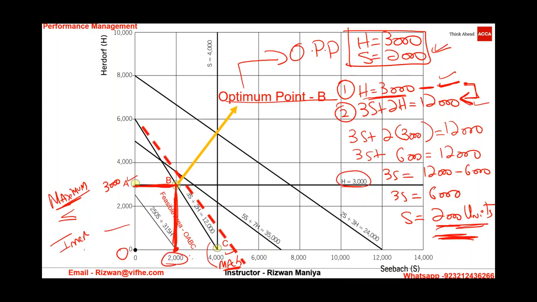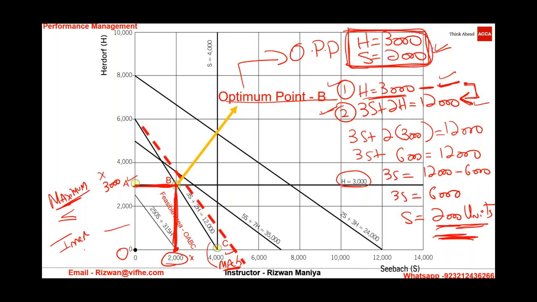But if this was not given, for example, in the paper, so what you could have done, you could have found out the equations that are intersecting here, which is H and machine R's equation, and you could have solved this simultaneously. So you would have got the same answer as you just saw.